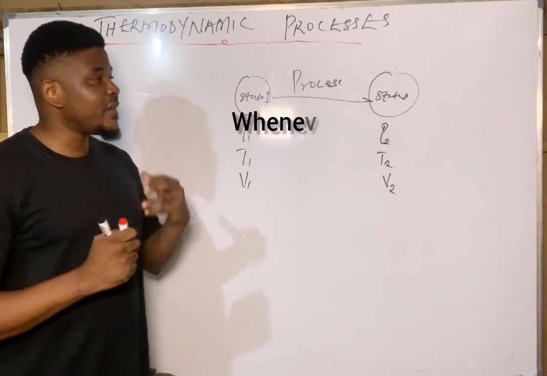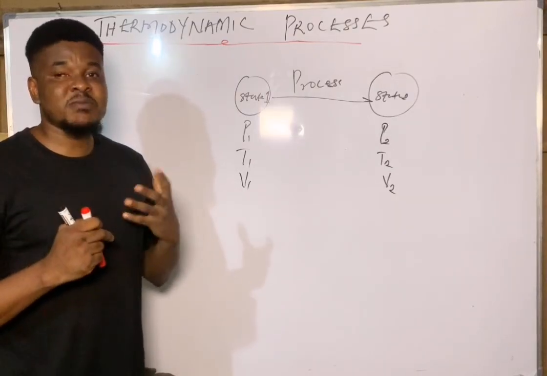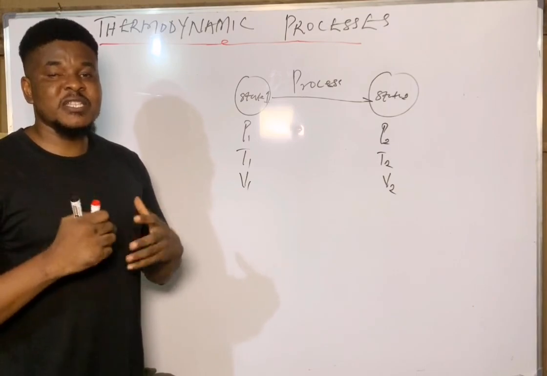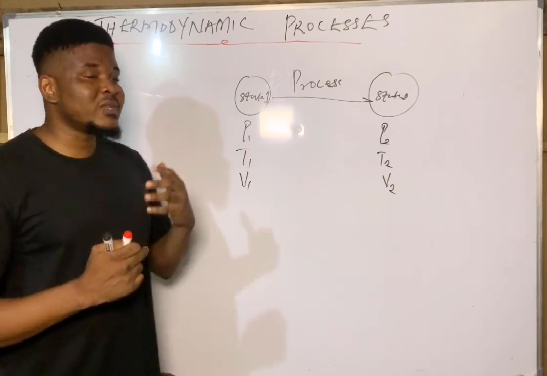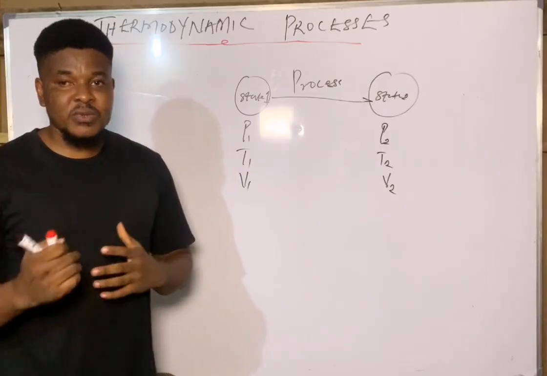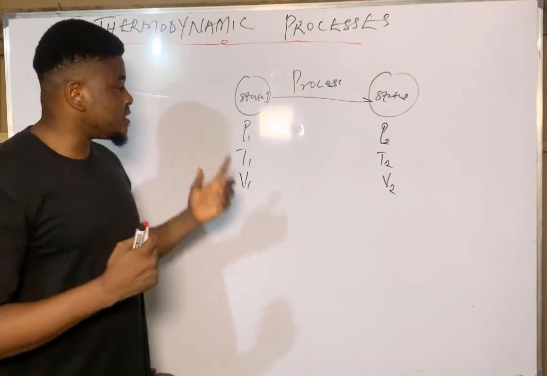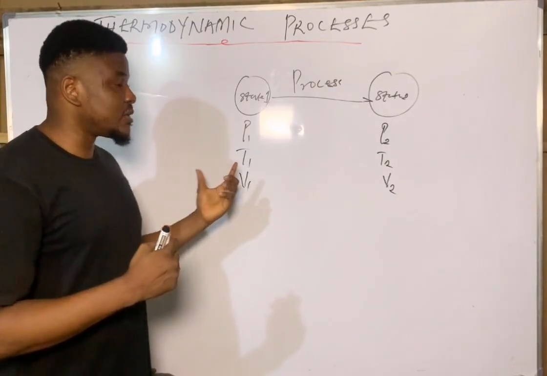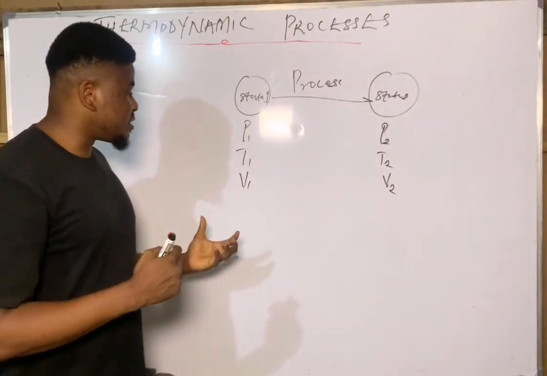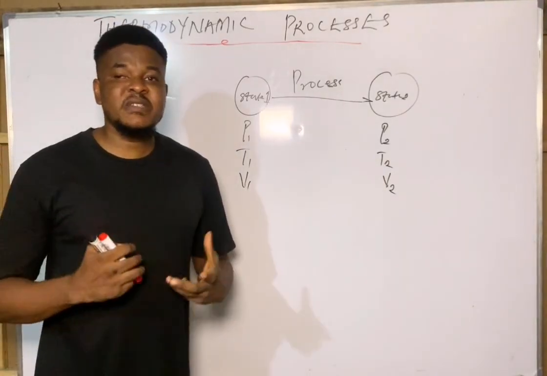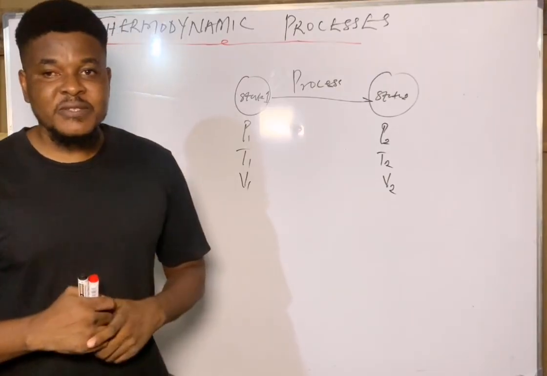For instance, if the pressure of a system is 5 newtons per meter square, and after heat is applied, the pressure increases to 10 newtons per meter square, we simply say a process has taken place. Likewise, when the temperature changes from T1 to T2, or the volume changes from V1 to V2, we simply say a process has taken place.